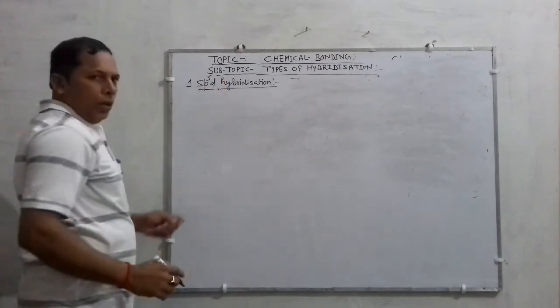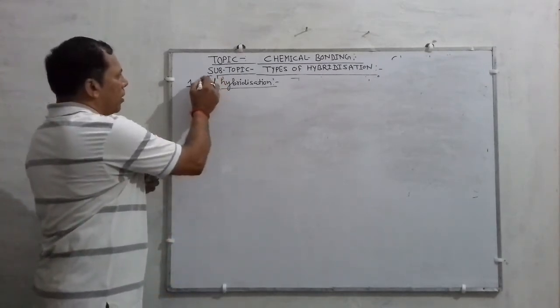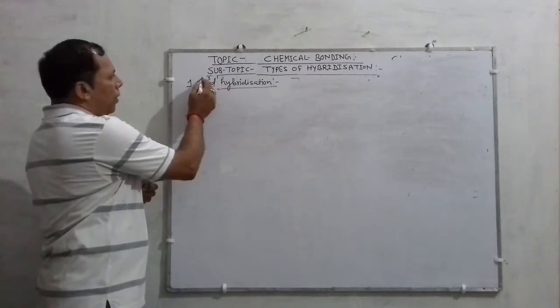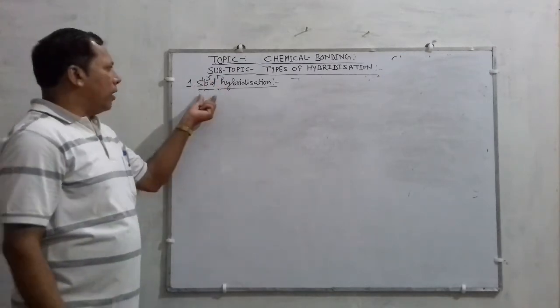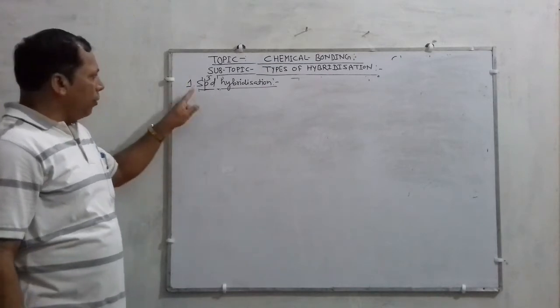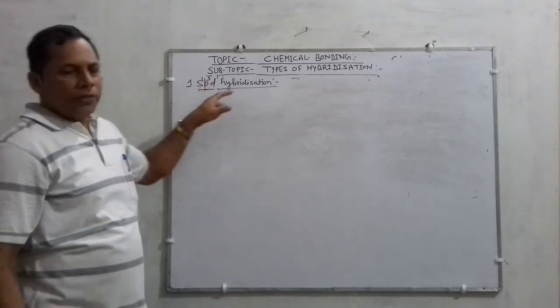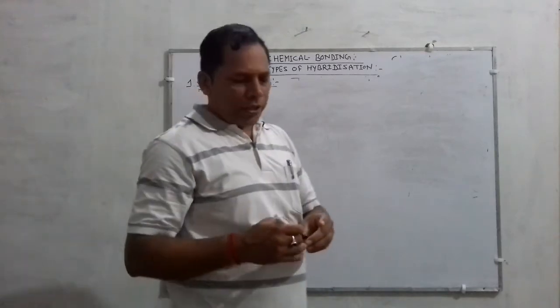sp3d hybridization. From this it is clear that 3, 1 and 4, 3, 4 and 5, a total of 5 orbitals will take part here, in which 1s, 3p and 1d. Listen, what is sp3d hybridization?